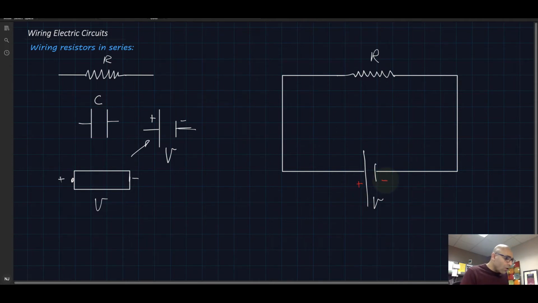Now we know from Ohm's law that V is equal to I times R, okay? Let's see how that looks within a simple circuit that has one loop.